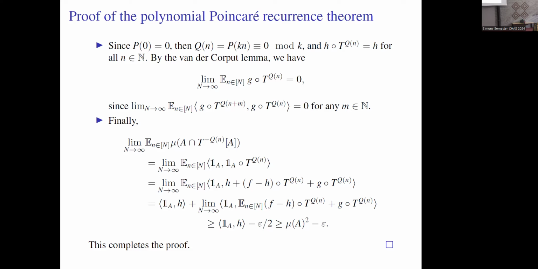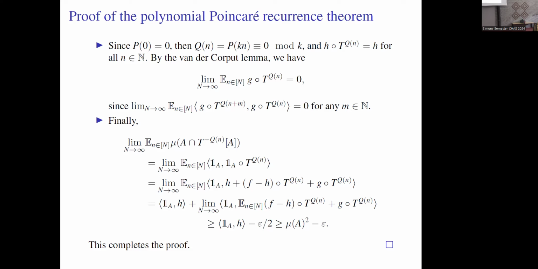Now we see that this part is small because everything is in L2 and these two elements are close in L2 norm. And this guy converges to 0. So therefore we have that, and this is the expression that we want to estimate.